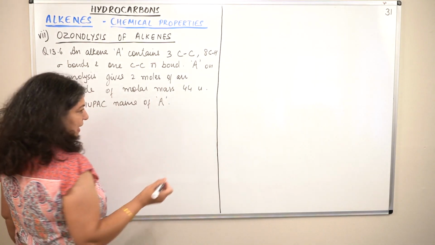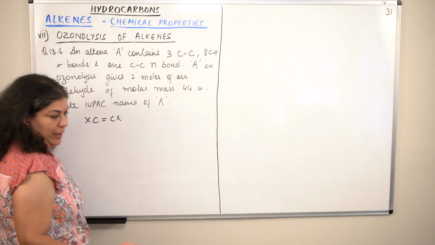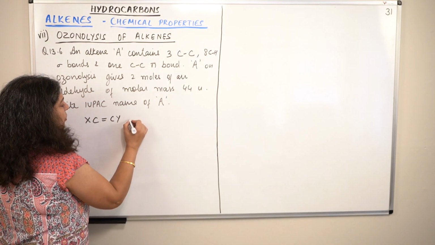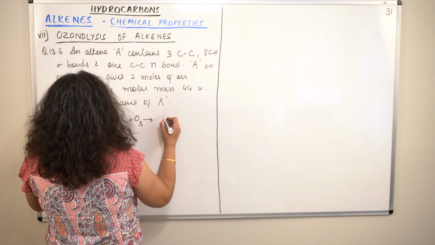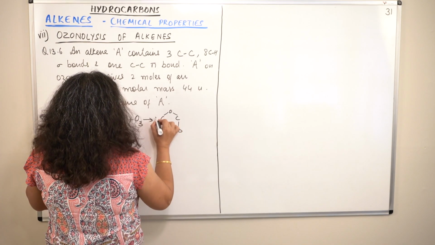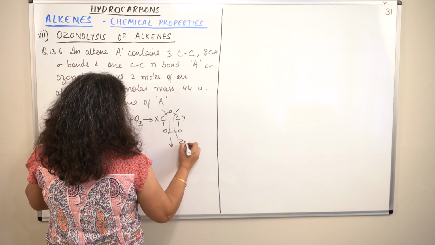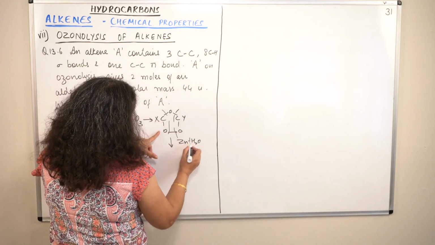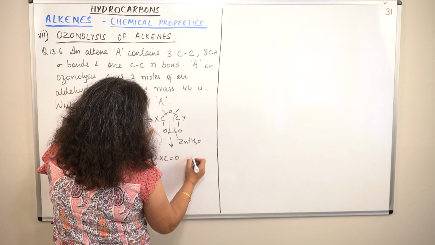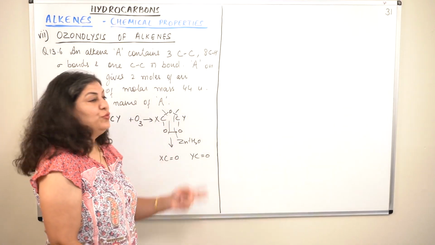If there is an alkene, let us say X, C double bond C, Y, and you carry out the ozonolysis with O3, it will give you the ozonide, which will break down, and in the next step with zinc and water it will give you X, C double bond O, and Y, C double bond O, right? Whatever the products are, this is how you would get the products.